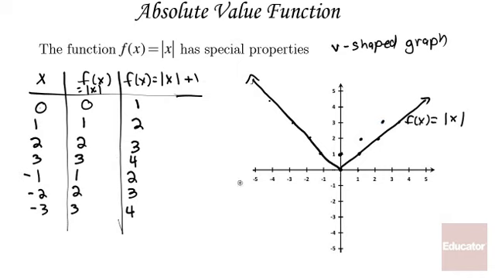So you can see what's happening. And then here I have x is 3, f of x is 4. Negative values: when x is negative 1, f of x is 2. When x is negative 2, f of x is 3. When x is negative 3, f of x is 4.